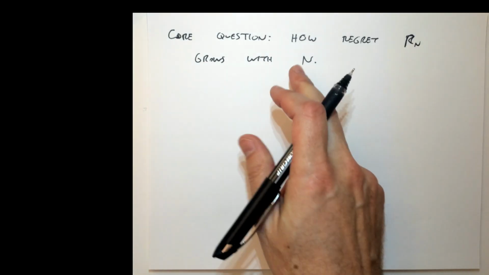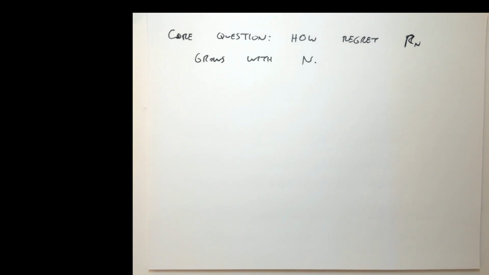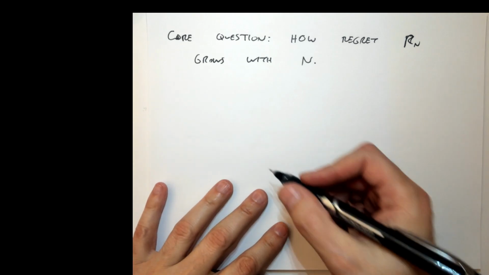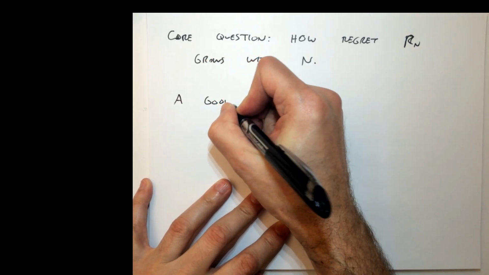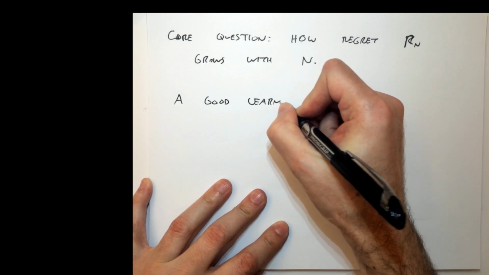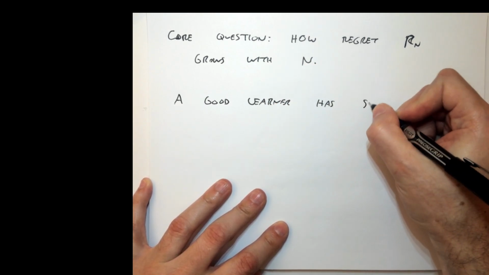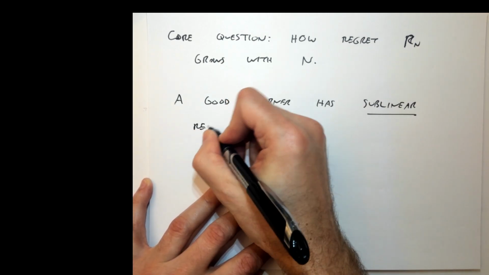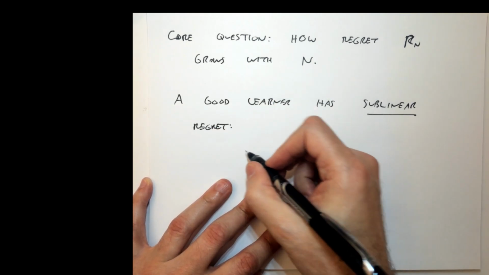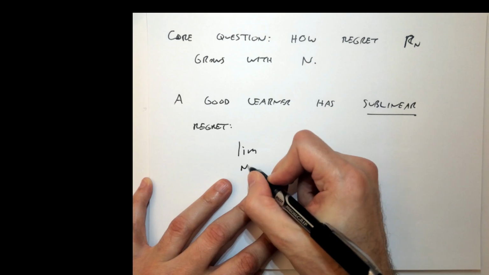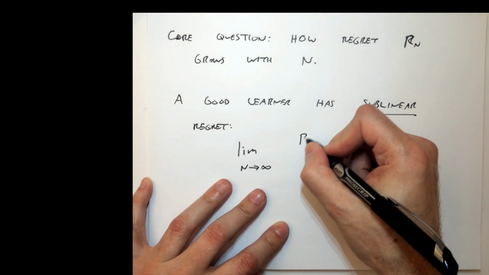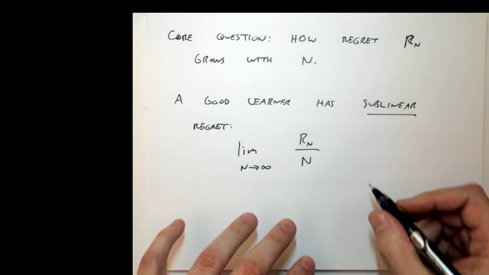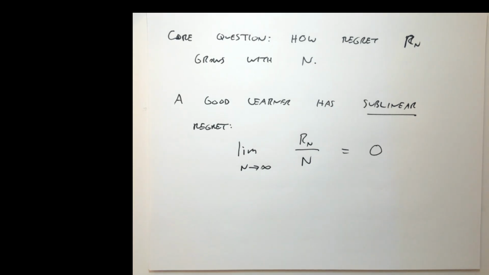So we want this regret to grow, I mean, the regret is always going to get bigger, right? But I want to have that regret grow as slowly as possible. So a good learner has what's called sublinear regret, which is a fancy way of saying that in the limit, the more rounds I play, if I look at my regret and I divide by n, I go to 0, right?